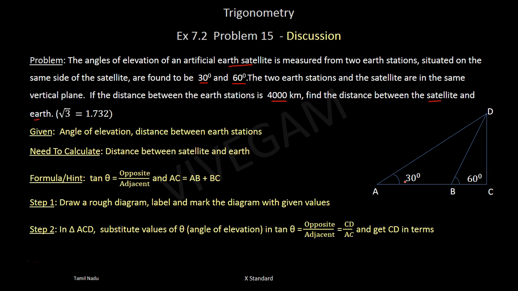Okay, tan 30 is CD by AC, and get CD in terms of AC. You might get tan 30 is 1 by root 3. So 1 by root 3 will be CD by AC. Using that equation, get a relationship between AC and CD, or write CD in terms of AC. That's what is meant here.